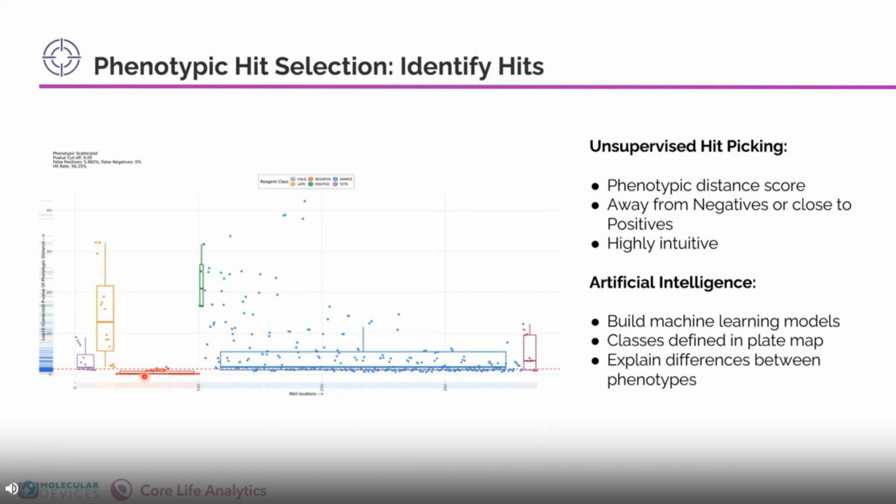The metric to measure that phenotypic difference is the Euclidean distance score, which basically calculates how far these samples are from the negative controls. And so this helps you identify compounds of interest, as these compounds apparently result in very different cellular phenotypes. Moreover, you can also find hits that are phenotypically similar to, say, the positive controls as well. So there is a lot of flexibility to play with.